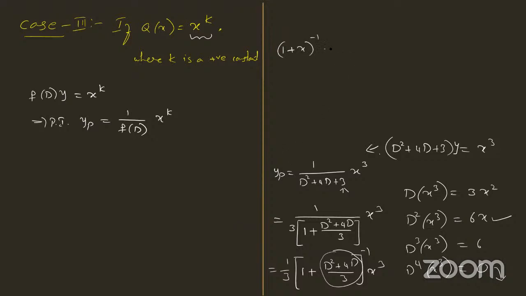Isn't it? We have a binomial series for this. If you recall, when it is 1 plus x whole to the power of minus 1, we can write it as 1 minus x plus x square minus x cube and so on. Don't you remember this?